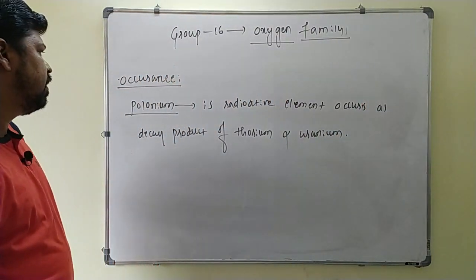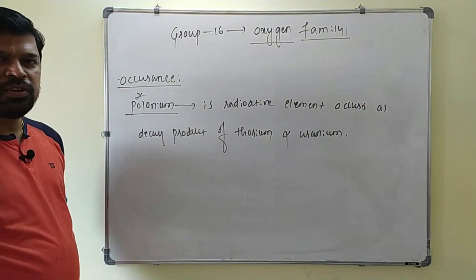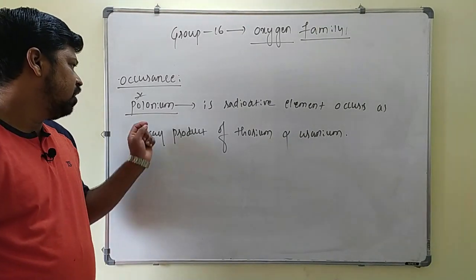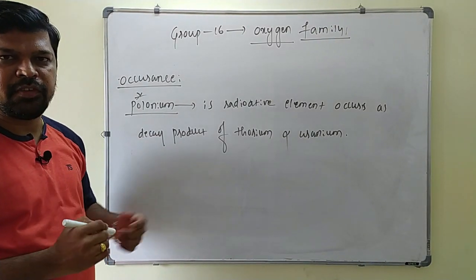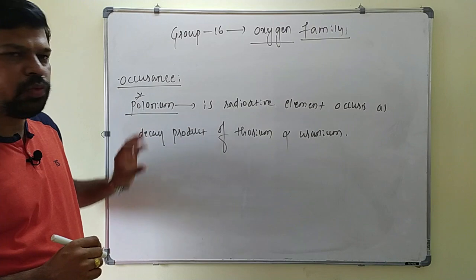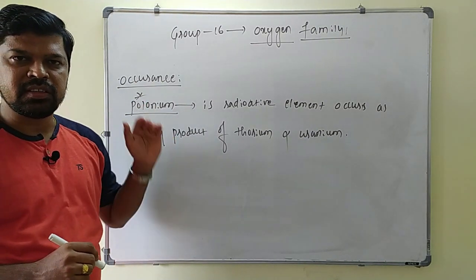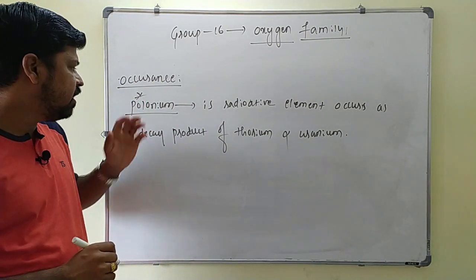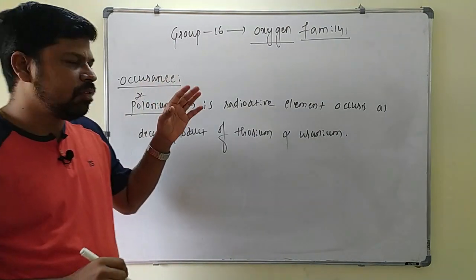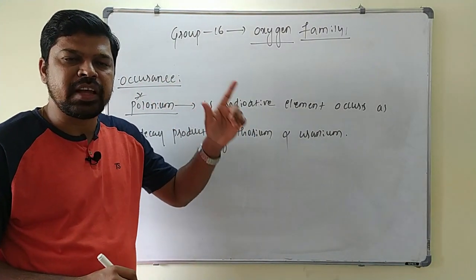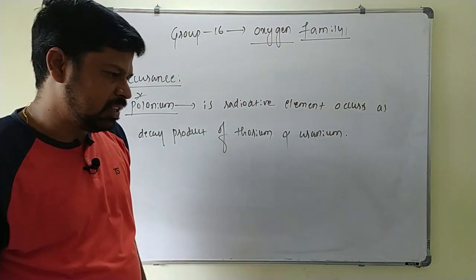Already I have written it with a star mark, so its chemistry is not of much importance, because it is difficult to study its chemistry. So this is the occurrence of oxygen, sulfur, selenium, tellurium and polonium. Out of these elements, oxygen is the most abundant element in the earth's crust.